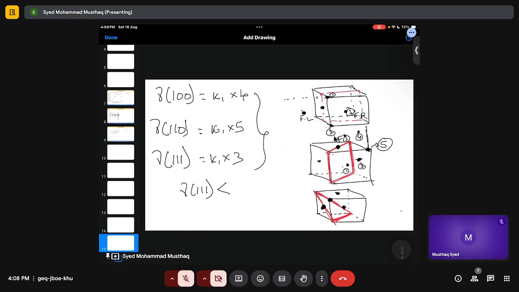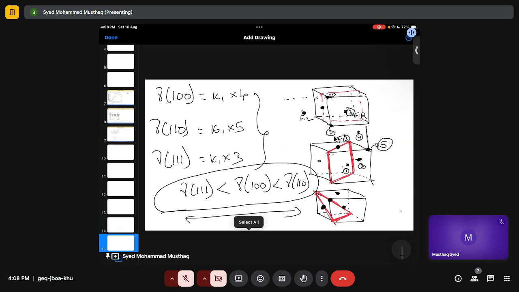Then I have 1, 0, 0. Then I have 1, 1, 0. So this is how the relation came. The sir discussed this relation, but he didn't tell you how we got it. So this is how we get the relation.